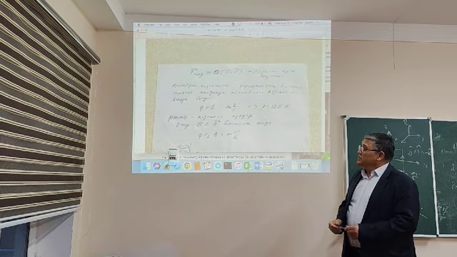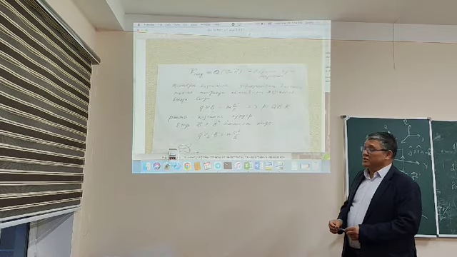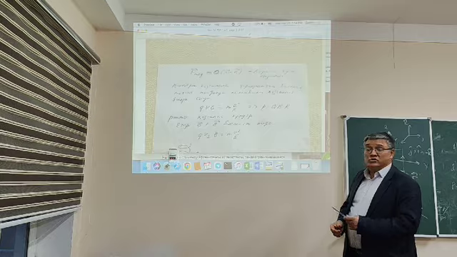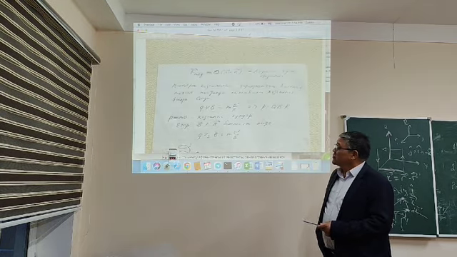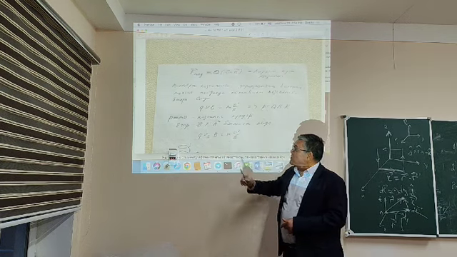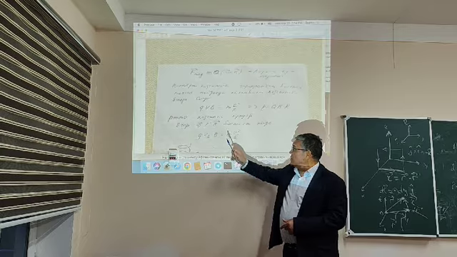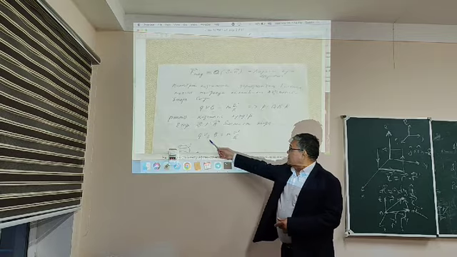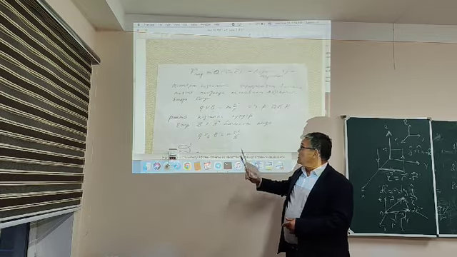In the case where the velocity of this charge is not perpendicular to the magnetic field, we have to pick up the perpendicular projection of the velocity, and equate this force qvB to the centripetal force.